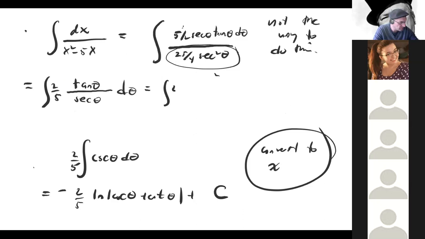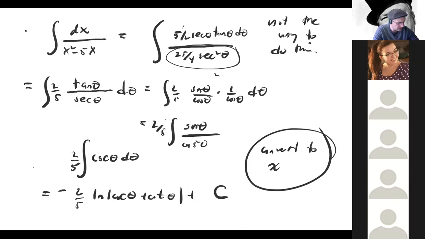So this is then 2/5 sine theta over cosine of theta divided by secant theta, and dividing by secant theta is like multiplying by 1 over cosine of theta. d theta. And this becomes 2/5 the integral of sine of theta, not sine squared, over cosine squared theta d theta.